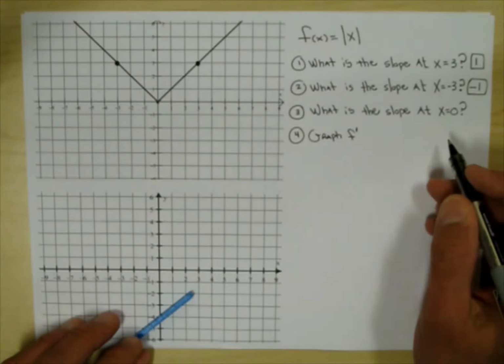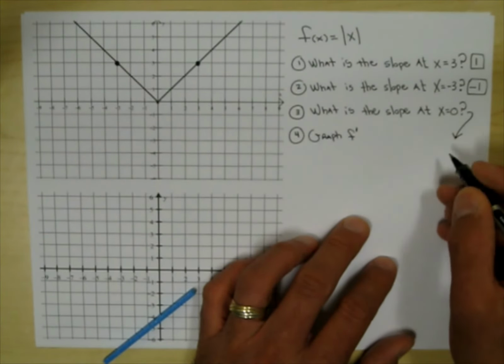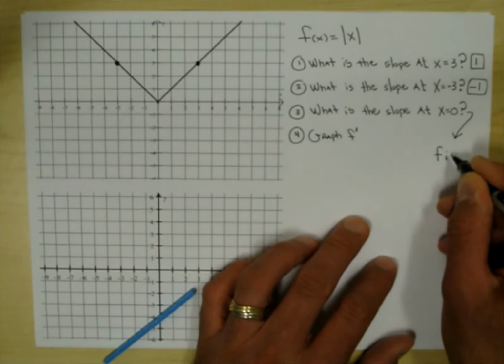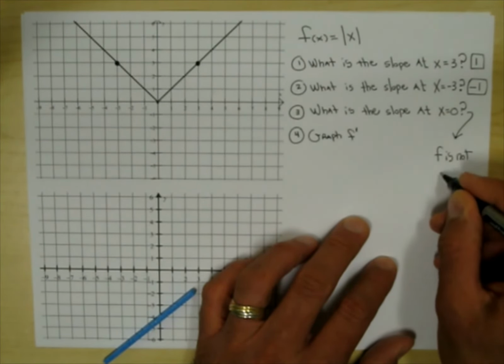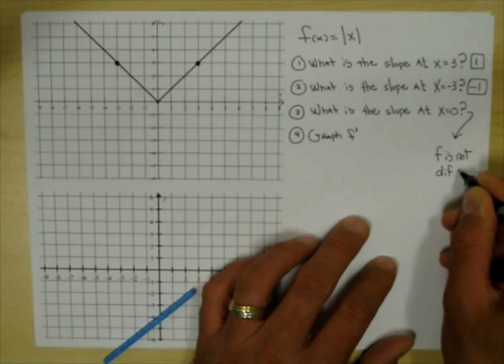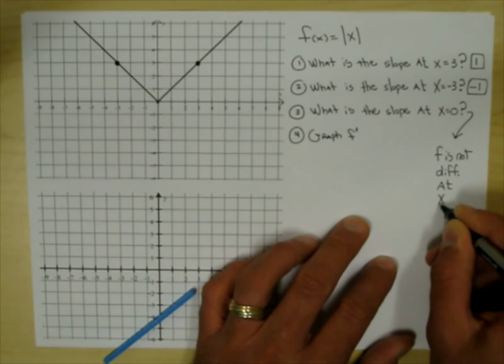So we would then say, what is the slope at that point? We can say that f is not differentiable at x equals 0.